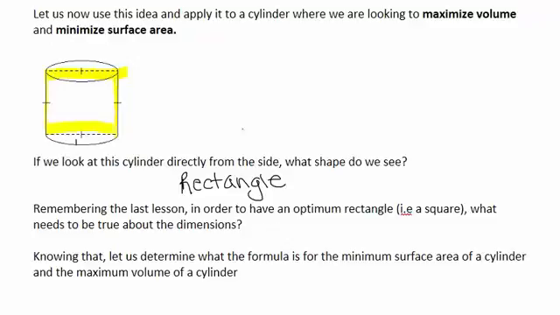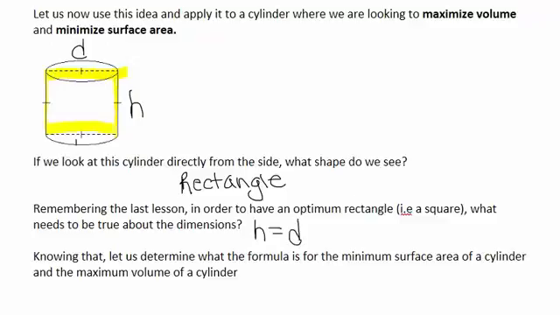So if we look at the square here, the thing that has to be true about these dimensions is the height has to equal this side for it to be a square, which this side is actually the diameter of that circle. Therefore, the answer to this question is that the height has to equal the diameter.